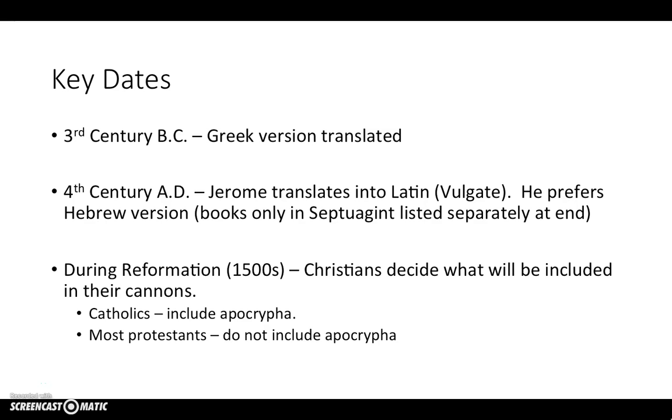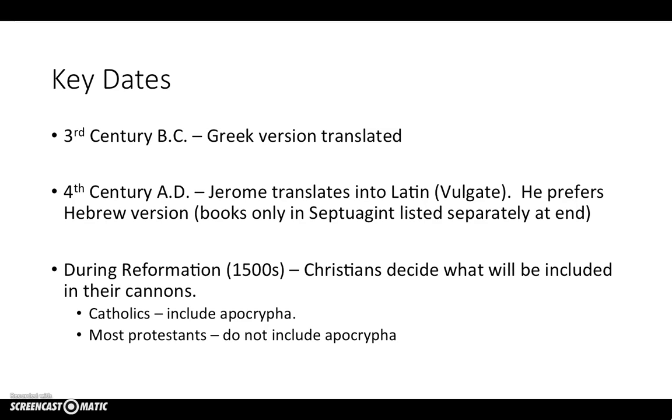This is known as the Vulgate. In doing so, when he translates the Old Testament, he shows a preference for the Hebrew translation of the Old Testament. The books that are listed in the Septuagint only, so these are the books that subsequently become known as the Apocrypha, he still translates them, but lists them separately at the end of the book.